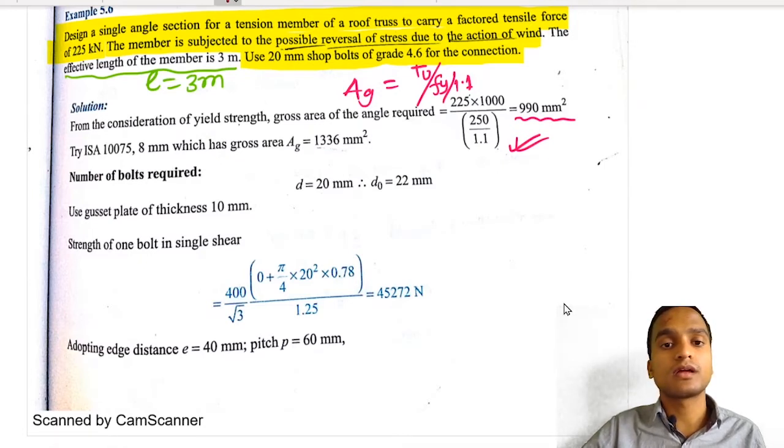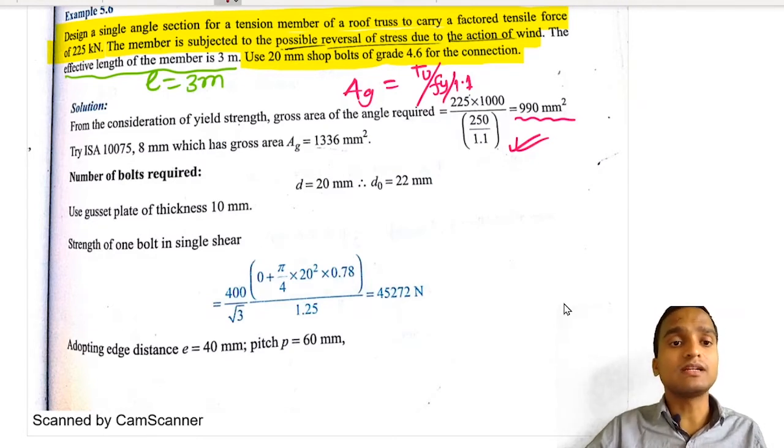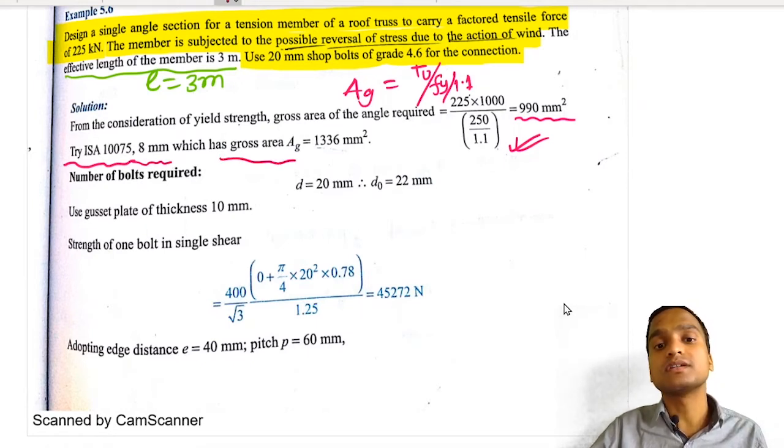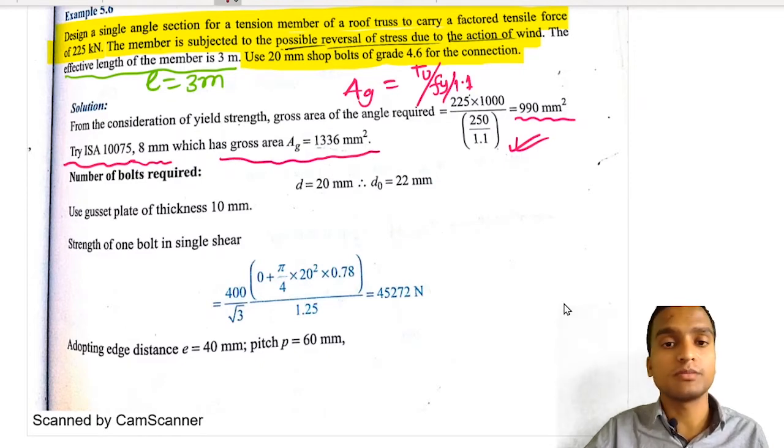And we have to go for a section which has a gross sectional area 25 to 40% more than this calculated value. So that's why from the steel table we have chosen Indian standard angle 100 into 75. This is an unequal angle of thickness 8 mm which has a gross area 1336 millimeter square.